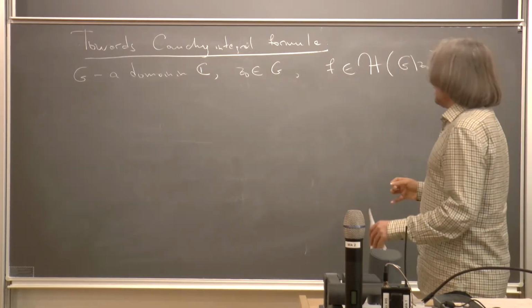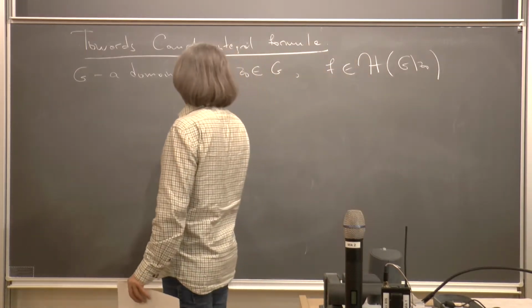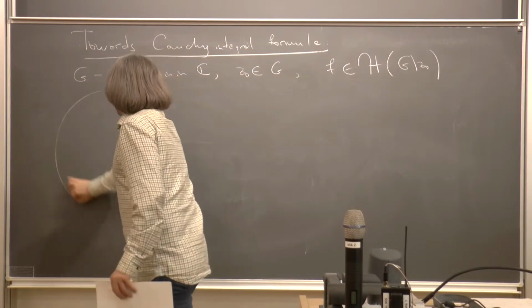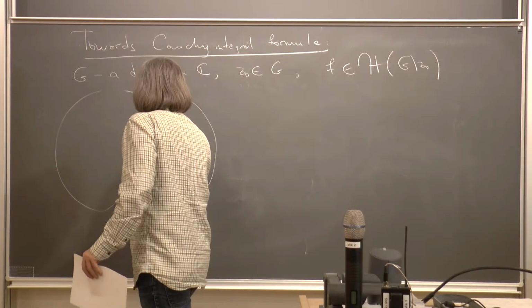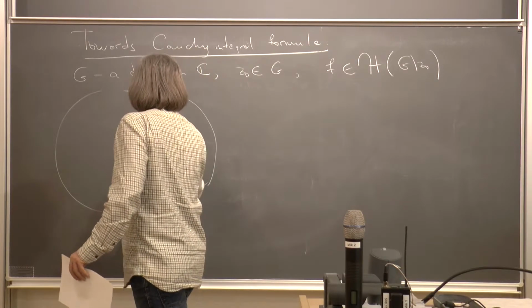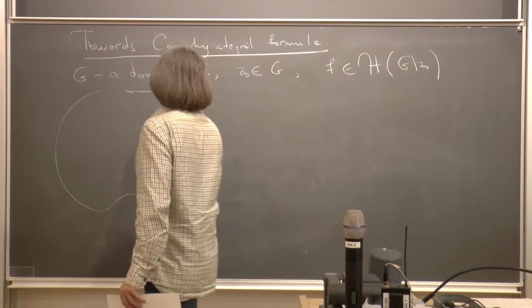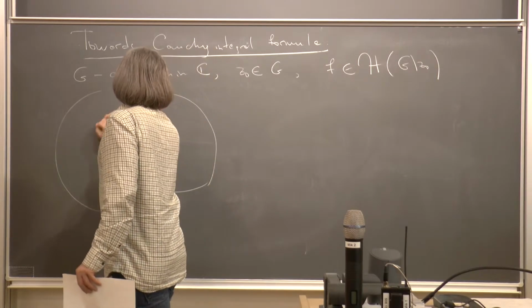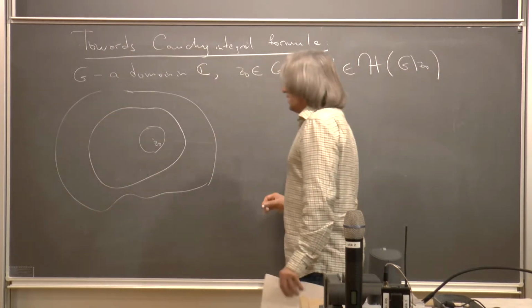And now, suppose that we have this C, and we have Z0, and we have two closed paths, two loops, I would say, around this point.